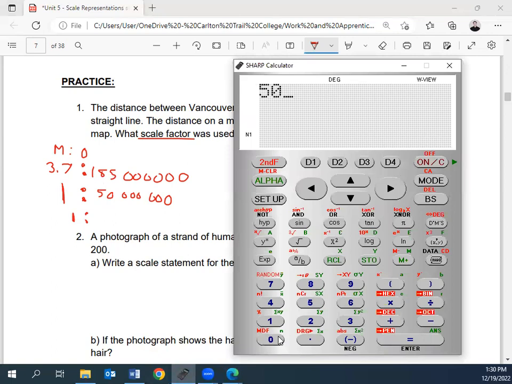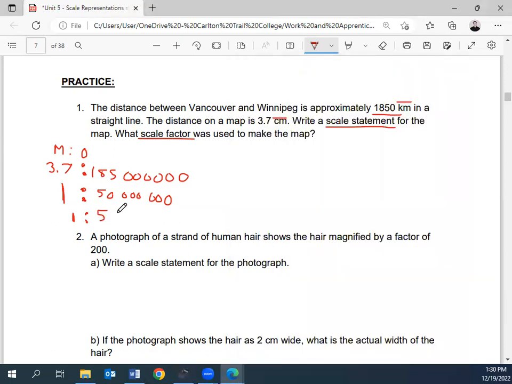If I want to turn those centimeters into meters, there's 500,000 meters there, which is the same thing as 500 kilometers. So 1 centimeter on your map is 500 kilometers. Either of these is correct, okay? You're normally going to have to turn it into the exact same units, though, just so you're aware.